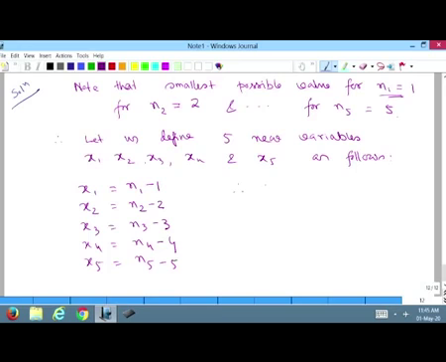Therefore, each xi is greater than or equal to 0 and x1 is less than or equal to x2 less than or equal to x3 less than or equal to x4 less than or equal to x5.